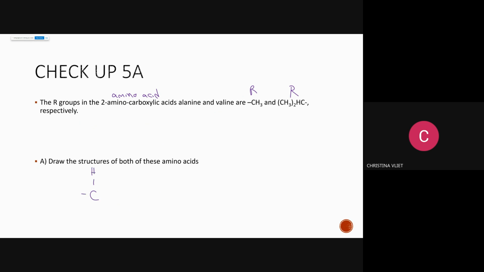CH, NH2. It did not say zwitterion, so we're just drawing the basic one. And then the first one is CH3. And then I put plus. The other one is H2N, CH, COOH, and this is CH, CH3, CH3.